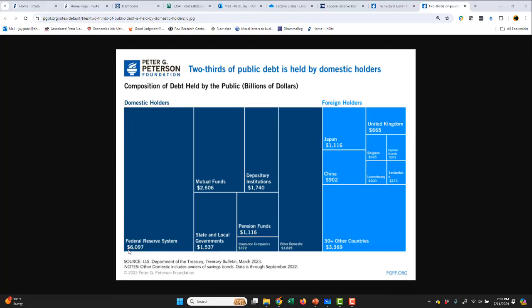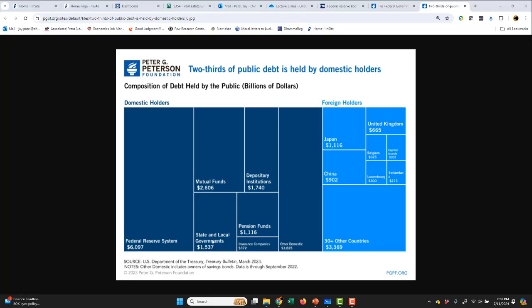You can see the largest lender is the Federal Reserve System. So this $6 trillion is just money that the Federal Reserve System has printed and created. Okay. Again, this used to be 800 or 900 billion before 2008, but it's ballooned to 6 trillion. Okay. So that's a huge amount of new money that's been created by the Federal Reserve System.